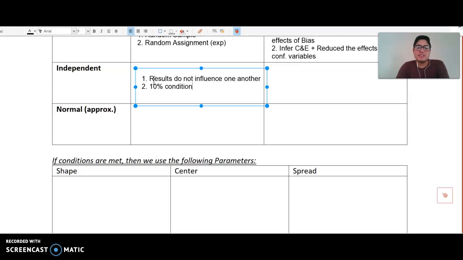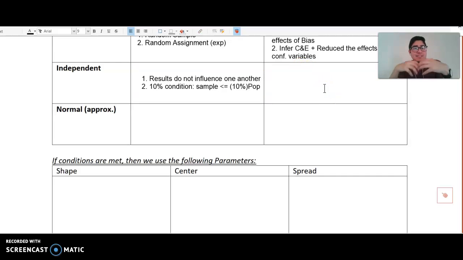The 10% condition says the sample is no more than 10% of the population. That's a very ambiguous number, and I do not know why it's 10%, but essentially, if it's less than 10%, we can assume that my sample and your sample would have no influence on one another.